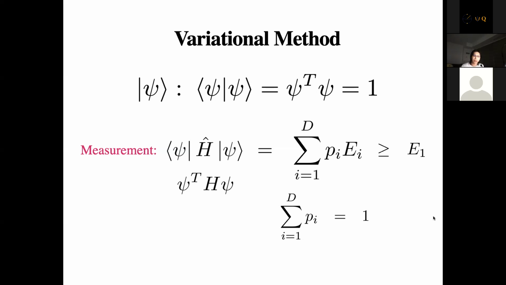So once you write the weighted sum, you automatically get this inequality. And this is useful because your E_1 is something that you want, and the psi is something you can measure. So once you get psi, you can apply it onto the Hamiltonian, and you can get the value that you know has a lower bound E_1.